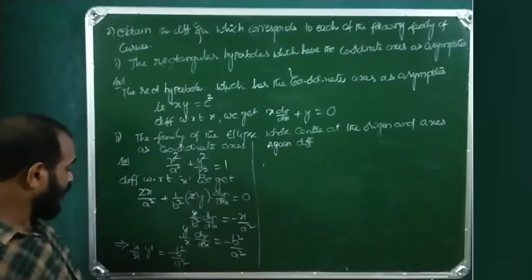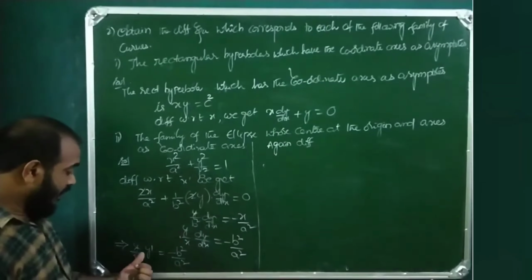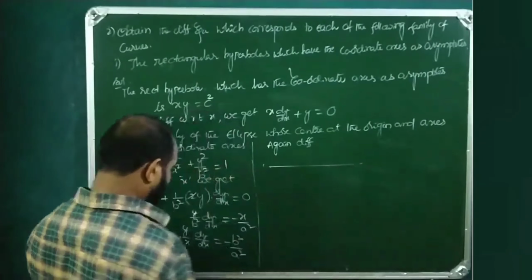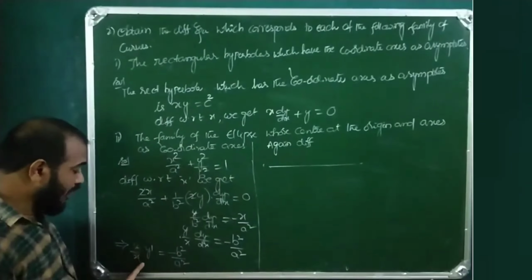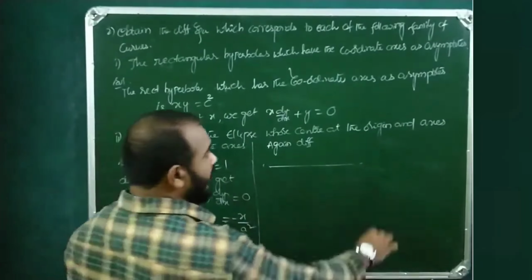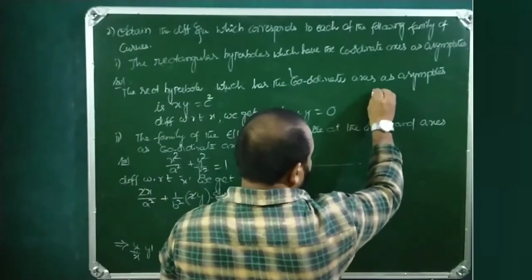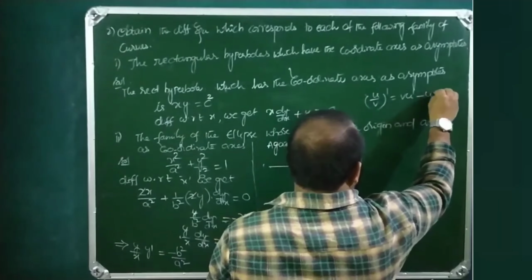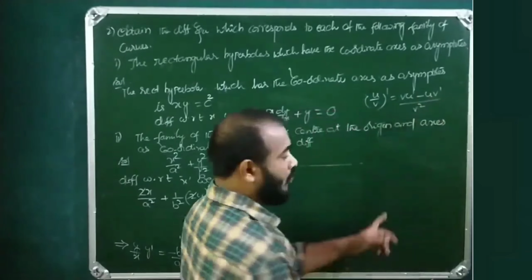For the second time we are differentiating now. So here y dash by x is u by v, and its derivative is (v u dash minus u v dash) by v square. This we know.